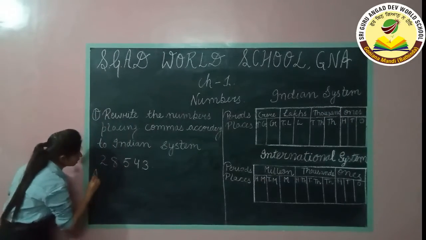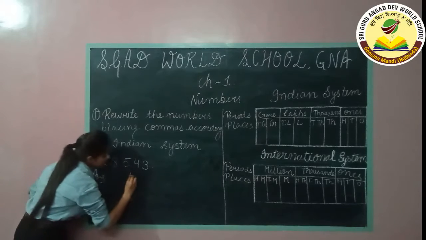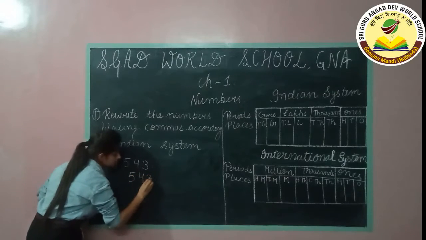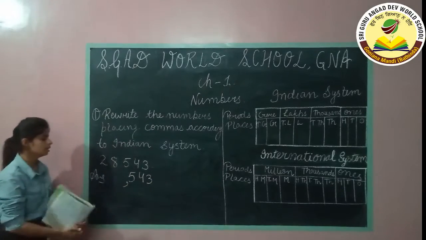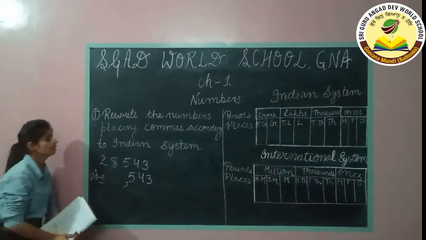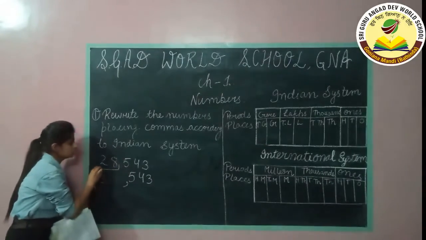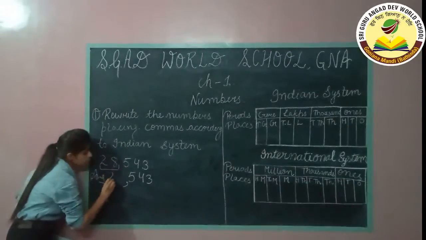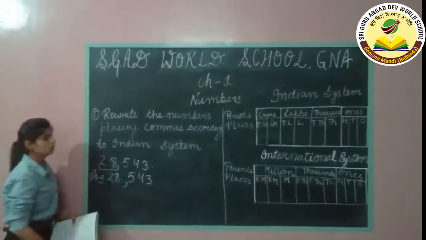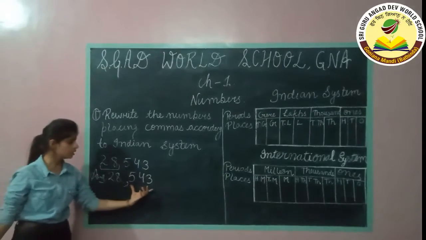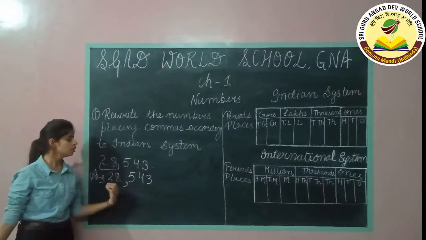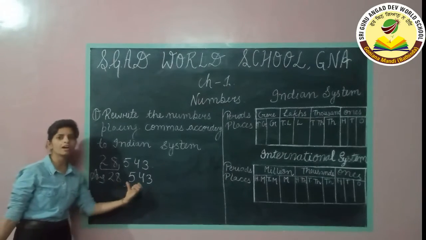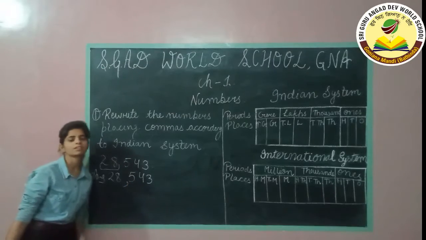In the ones period 3 digits are there and it is separated by a comma. And in the thousand period, we take 28. According to the Indian system, we write this number as 28,543.